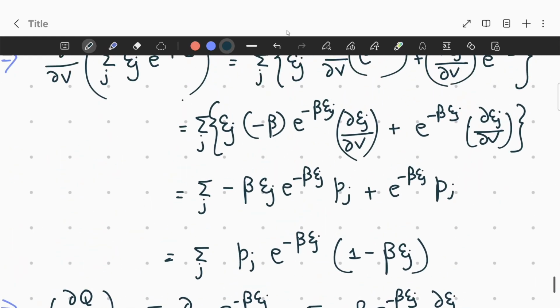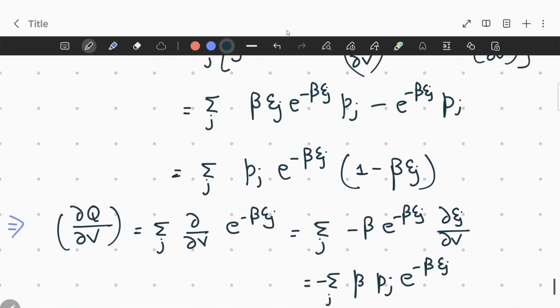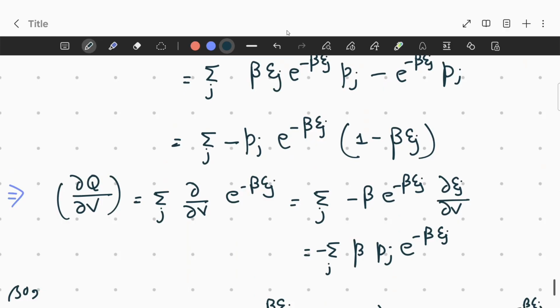So eventually this minus will also not be there, and here will be a minus. You take common, then it is actually this. In physics, the work done is PdV only. No, here the system is doing work done. That's why.